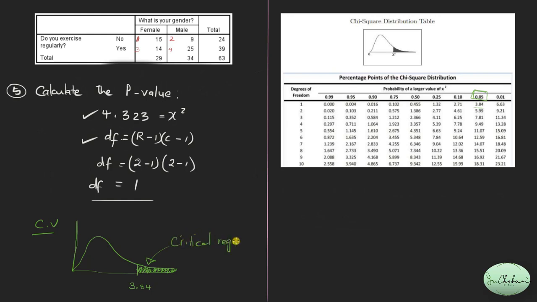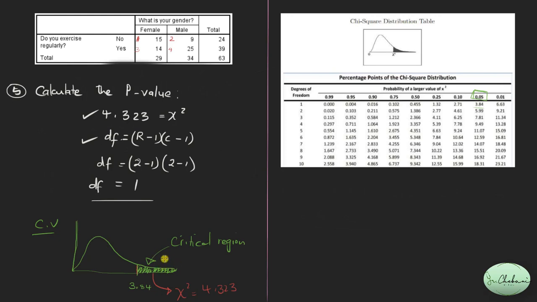If we look now at our chi-square value, 4.323, it would be on the right side of our critical value, which means that we have to reject the null hypothesis. Our calculated chi-square value is somewhere in this region, so it's in the rejection region.